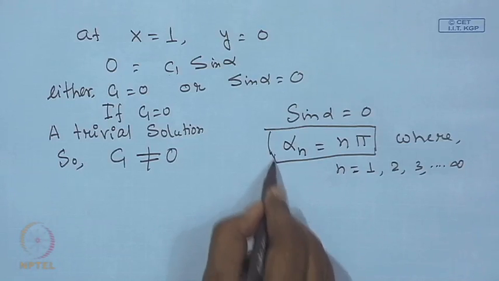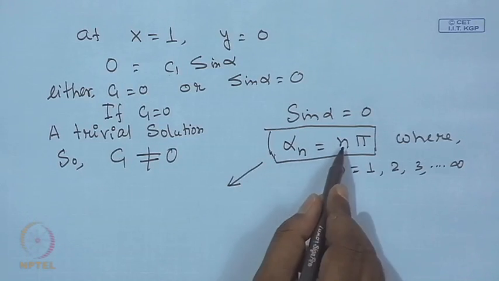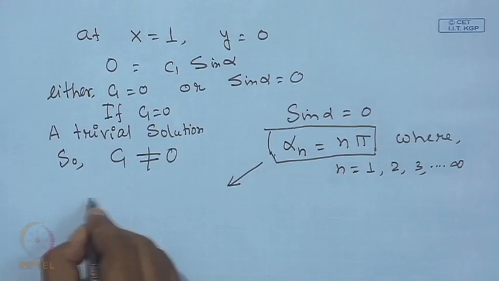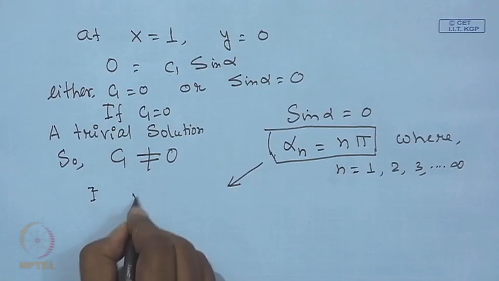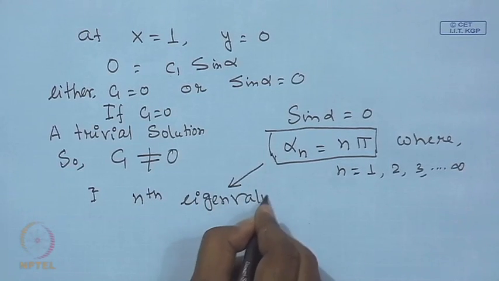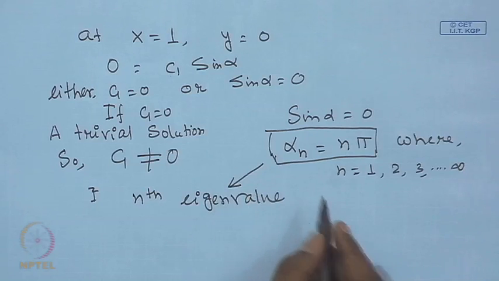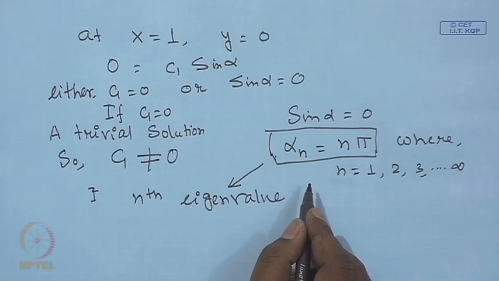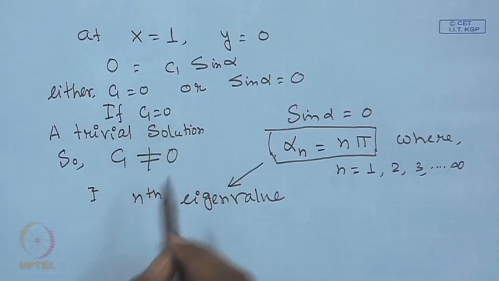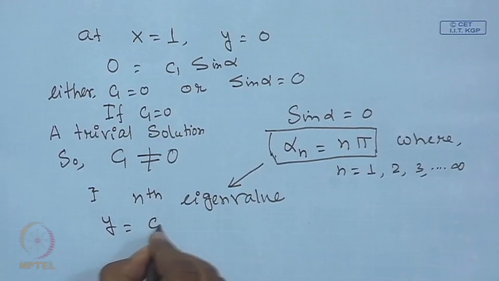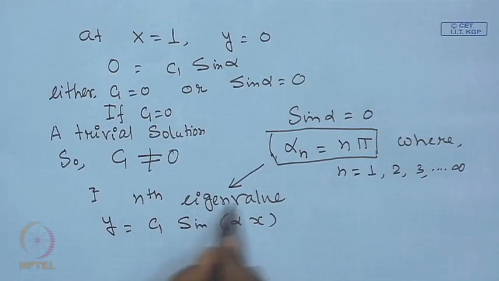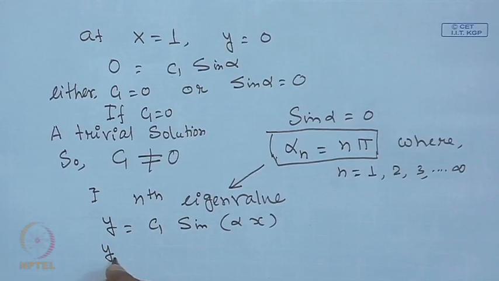Now, for each value of n, the corresponding value of alpha is known as the eigenvalue. So, this is the nth eigenvalue of the system, and what is the corresponding eigenfunction? The solution was c 1 sin alpha x. So, corresponding to the nth eigenvalue, we get the nth eigenfunction.